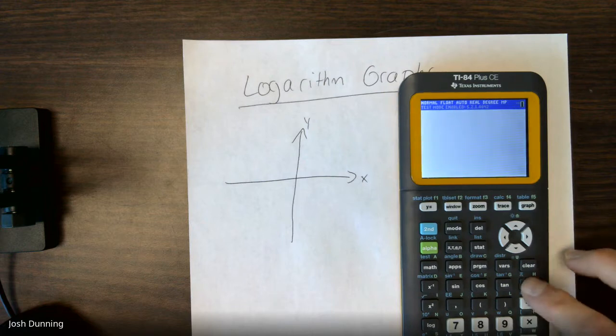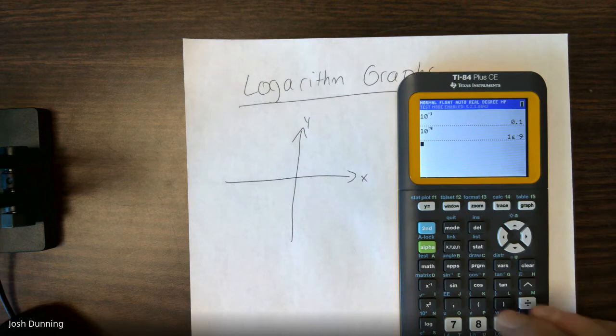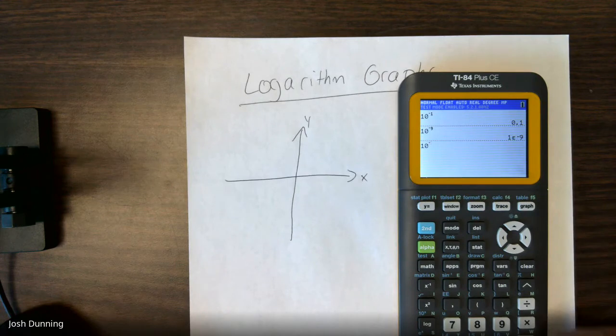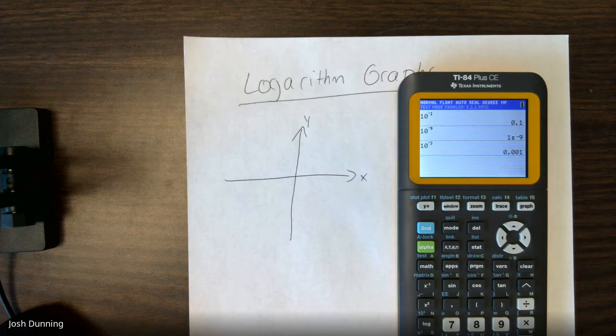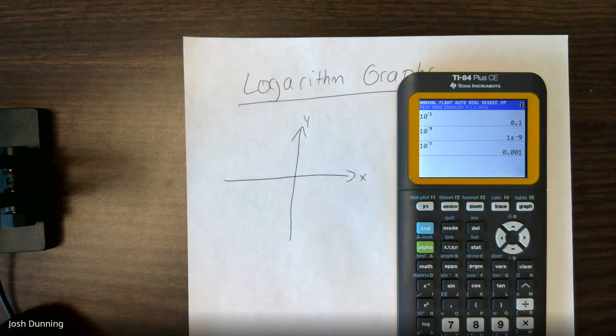Like if I raise 10 to the negative first, I get 1/10. 10 to the negative third is 0.001. 10 to the negative ninth would be 0.000000001.